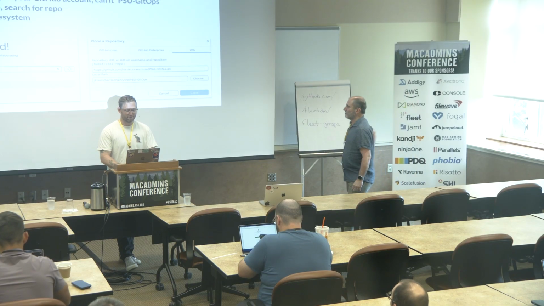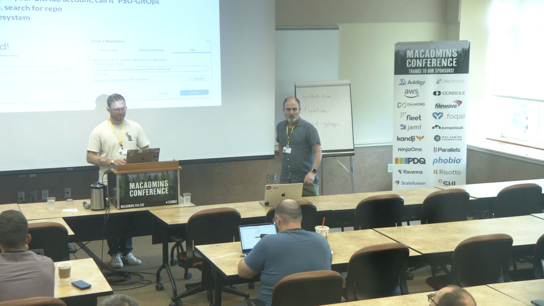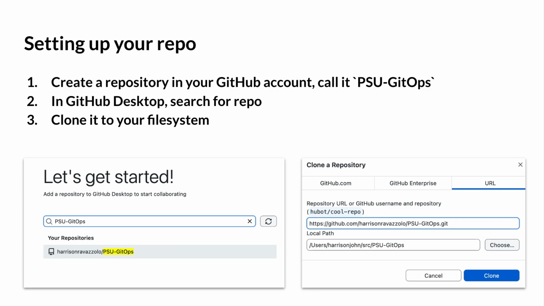Sweet, let's do it. So the first thing we're going to do is set up our repository, and I'm going to walk through it quickly, but the TLDR is that we're going to create a repository in your own GitHub account, and then we're going to clone the Fleet starter repo that we have, and then we're going to bring that into your repository that you just created.